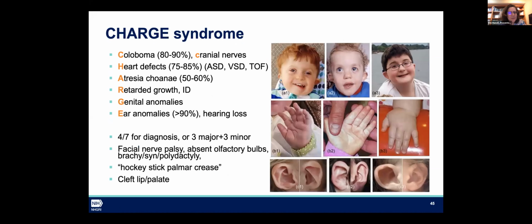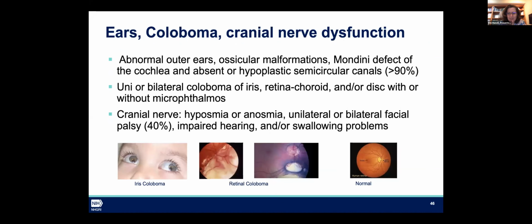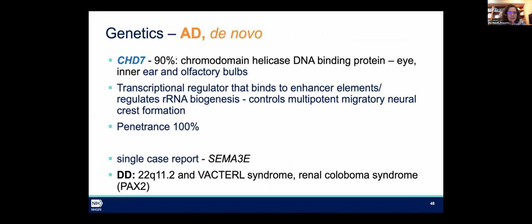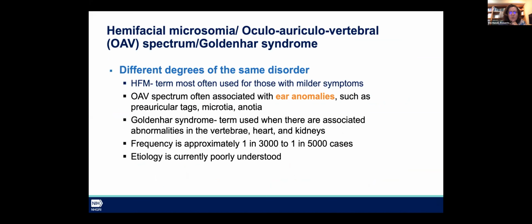And CHARGE was covered by Cindy, so I will go really fast over those slides. She talked about the coloboma, cranial nerve dysfunction, the renal anomalies, the de novo mutation. I will just mention here Goldenhar and hemifacial microsomia, or oculoauriculovertebral spectrum. It's just the same disorder.